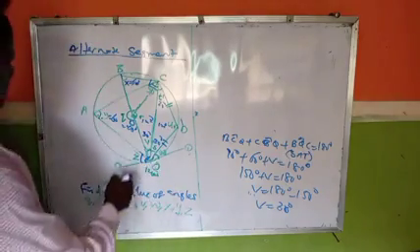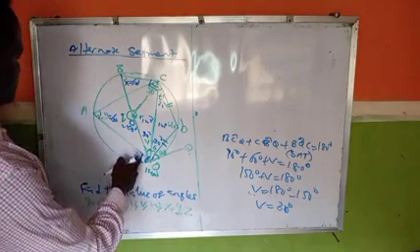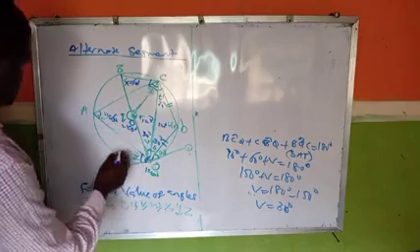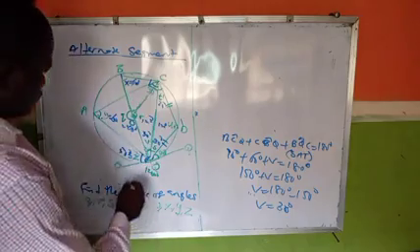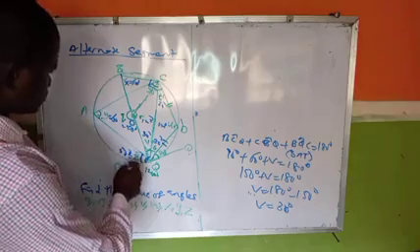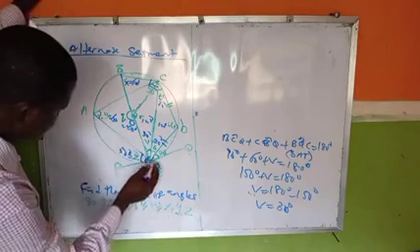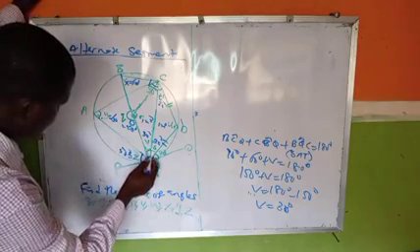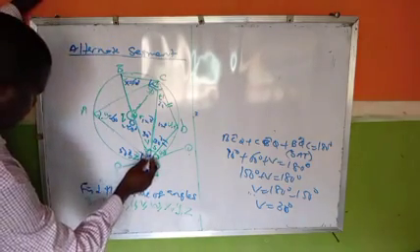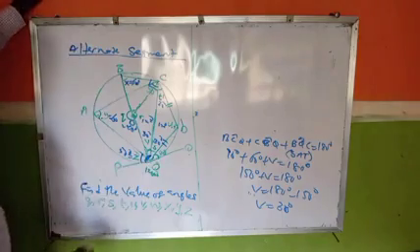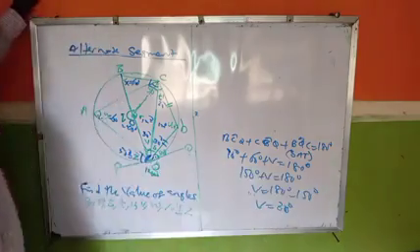Look at this Z. This Z, we say is 50 degrees. The angle here is 120 degrees. So to get this place, you can simply say angle on a straight line.